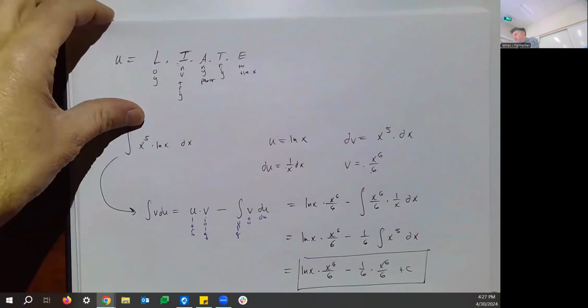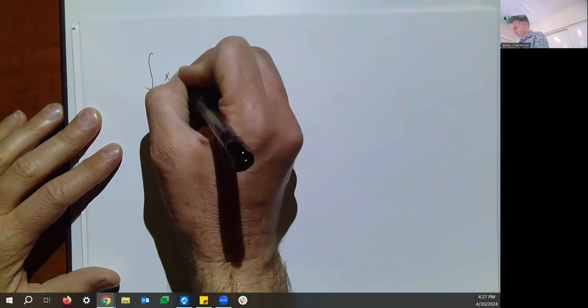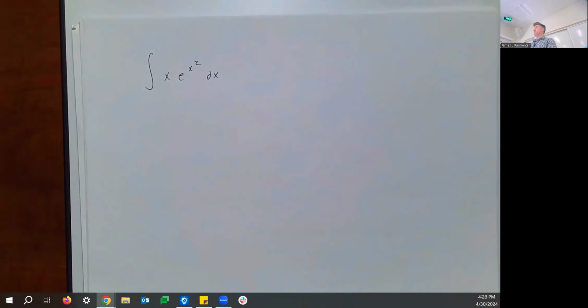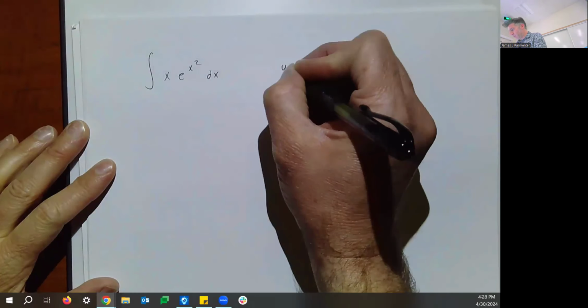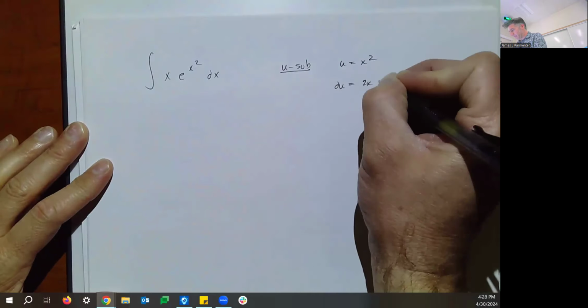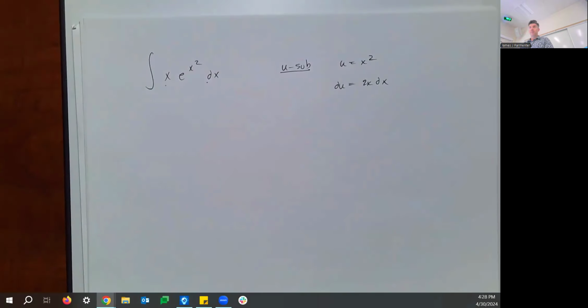So if you see an integral like, say, the integral of x times e to the x squared, before you start thinking about integration by parts, we should first see, can I do a u sub? And here you definitely could, with u equal to x squared and the du being 2x dx. And oh, we have an x dx, so definitely a u sub.